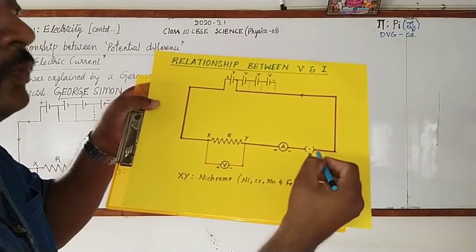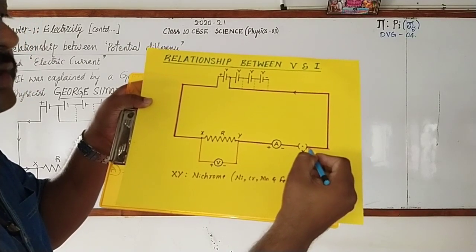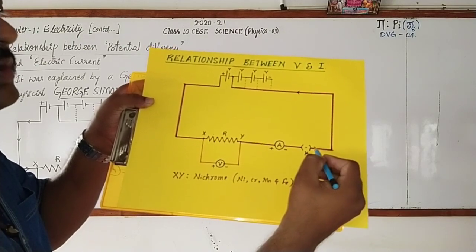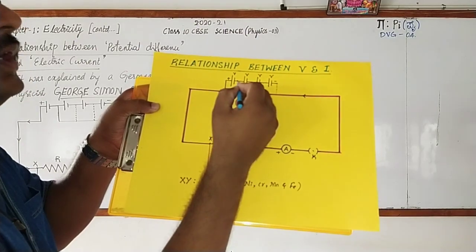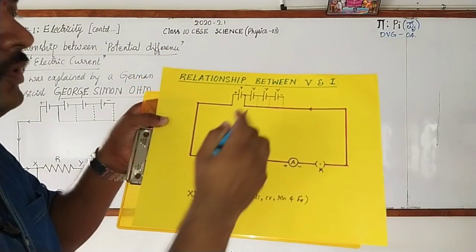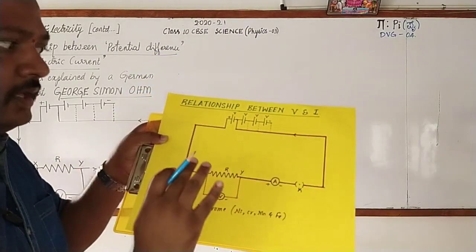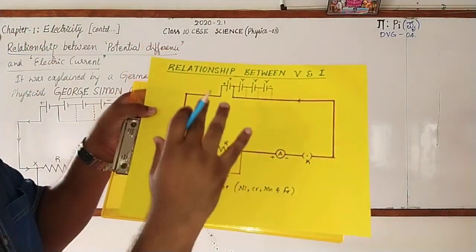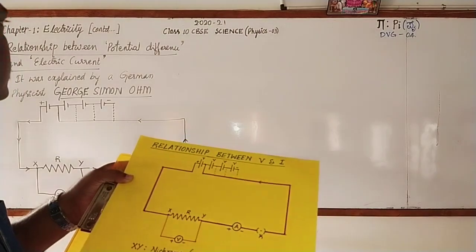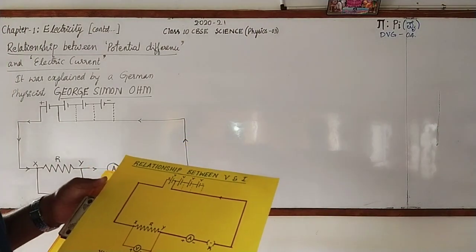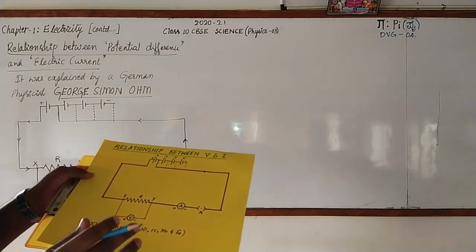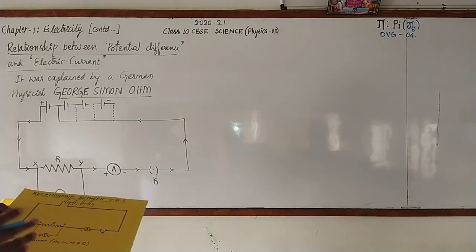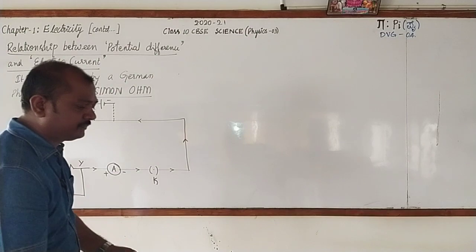Take one more wire and connect one of its ends to the other terminal of the switch and the other end to the negative terminal of the cell. Clear? This is how we have to connect the electrical components, and now the circuit is ready to verify Ohm's law, or to know the relationship between potential difference and electric current.